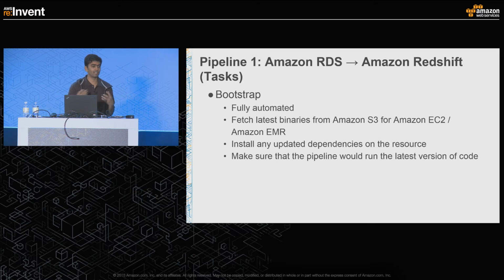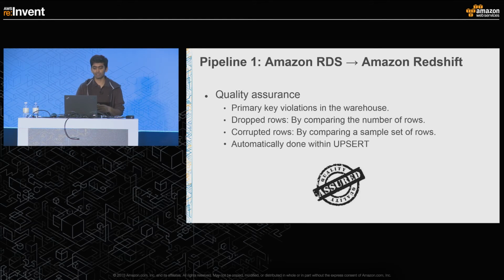And then it makes sure that all your pipelines are running the latest version of code, so you don't run into a stage where some of your pipelines are running the old code because you forgot to redeploy them, and some pipelines are running new code, so you only see errors in half the pipelines, and it's hard to debug. The other thing that happened was when we wrote the upsert step, because the pipeline definition specifies that data is being pulled from an RDS database, we can probably build some amount of sanity checks around our ETL.